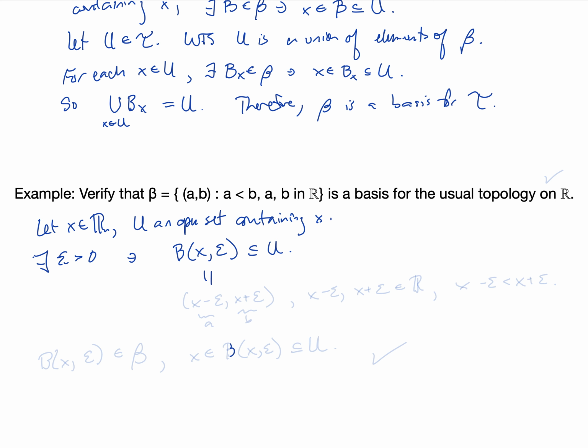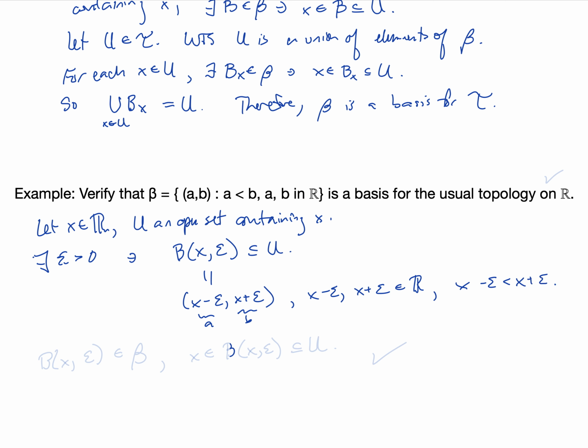This ball centered at X of radius epsilon is an open interval of the form X minus epsilon to X plus epsilon. So, this can be our a, this can be our b, where X minus epsilon and X plus epsilon are elements of the real numbers, and of course, X minus epsilon is less than X plus epsilon.